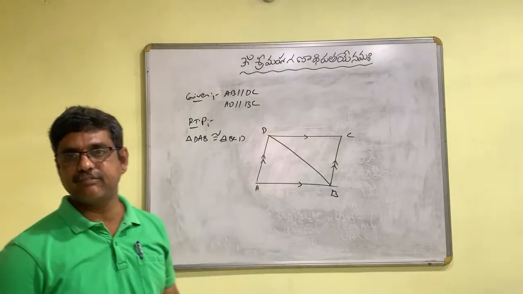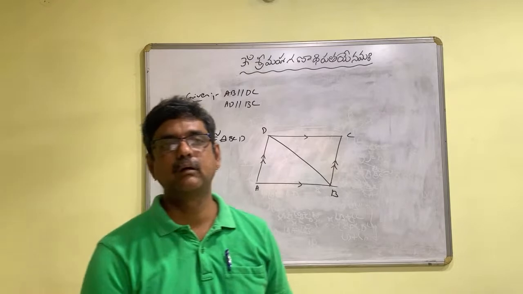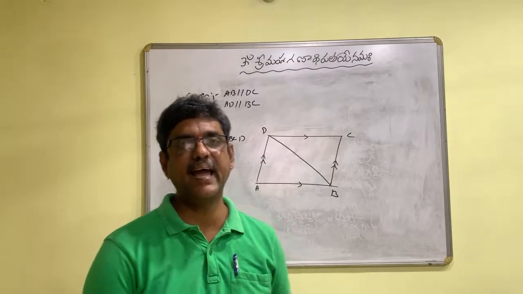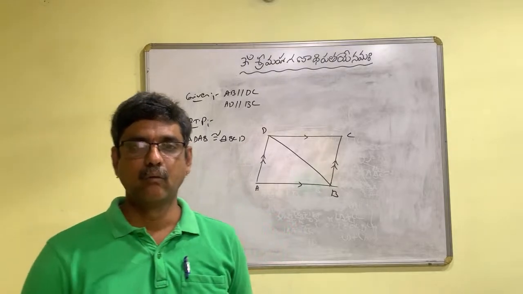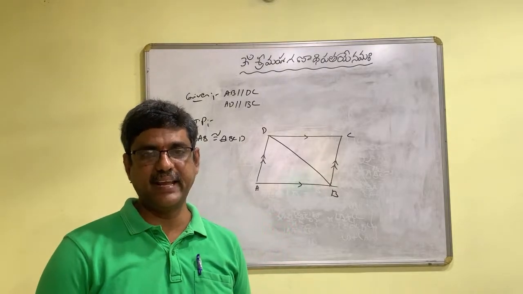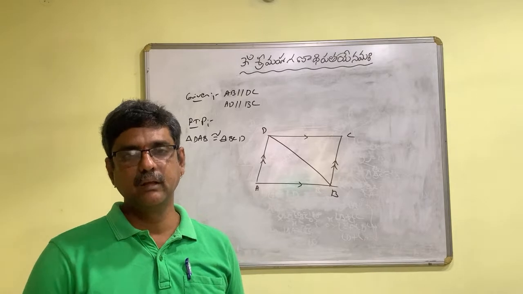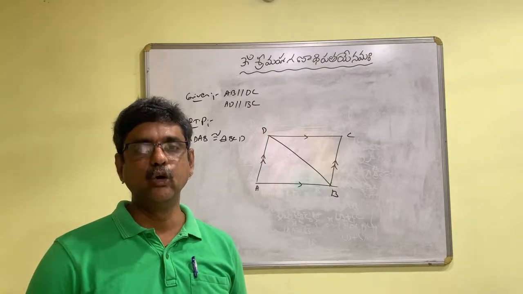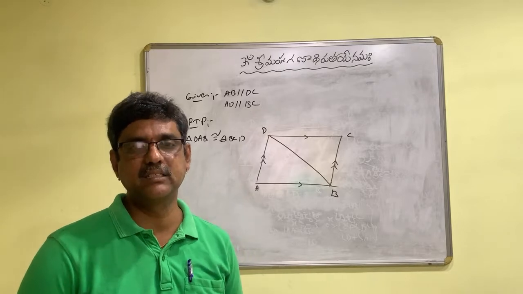Diagonal property of parallelogram. First I want to prove that. Once again I am going to tell you the property. In a parallelogram, each diagonal divides it into two congruent triangles.